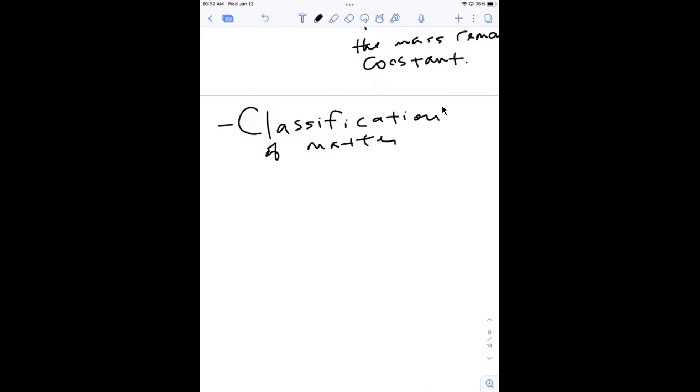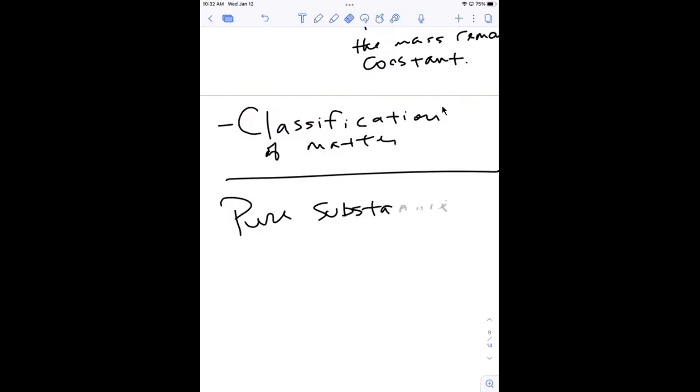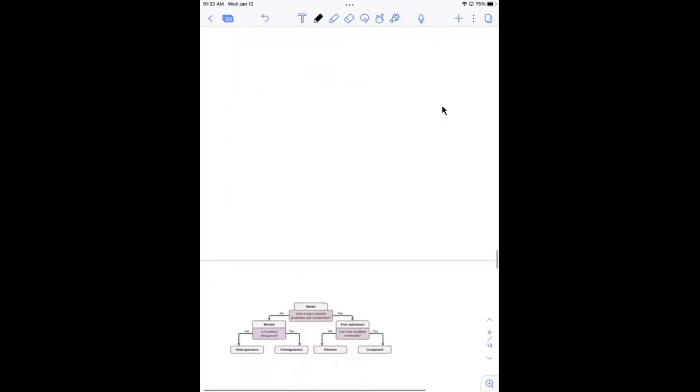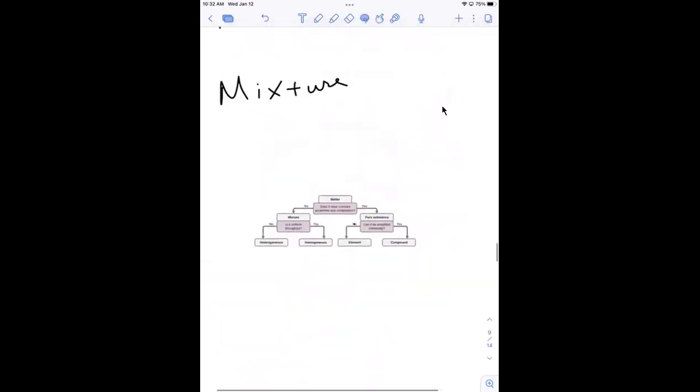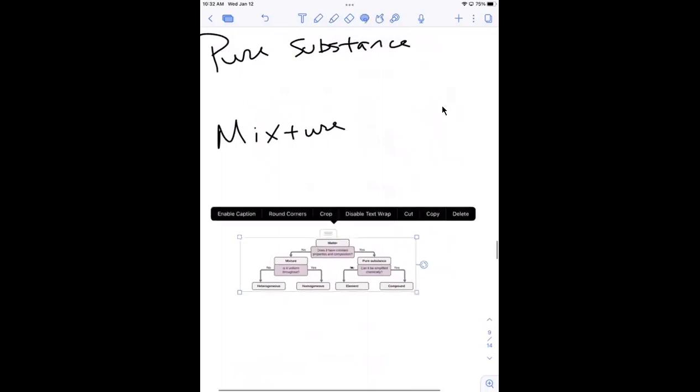So matter can be classified either as a pure substance or a mixture. Let me pull this chart up, because we can simplify it up front, and then we can go back and define what's what.